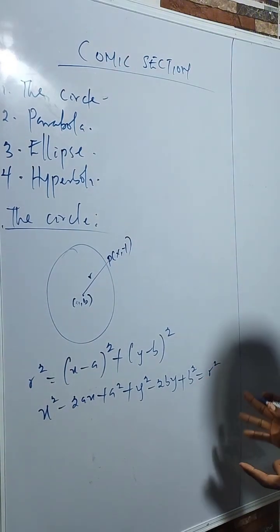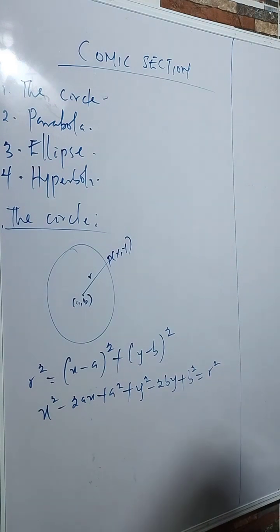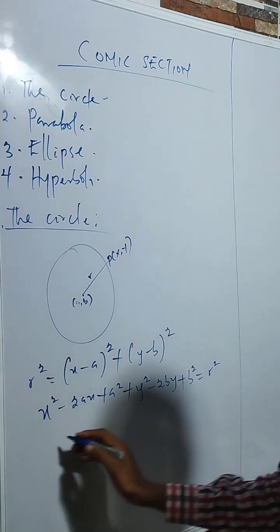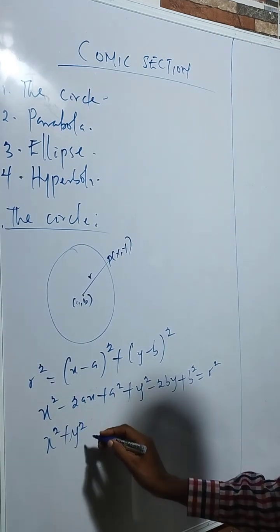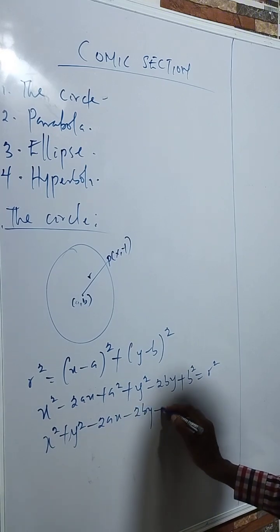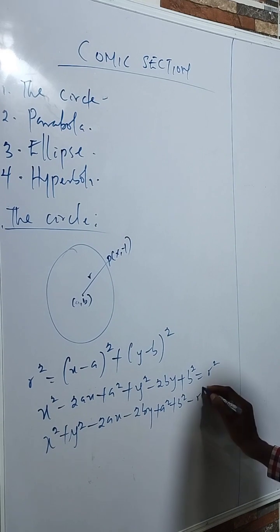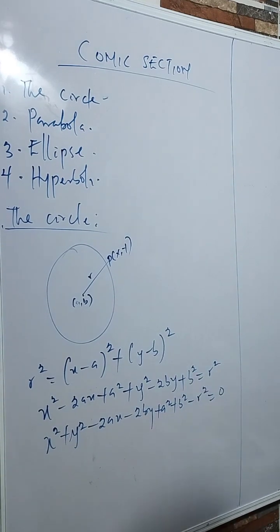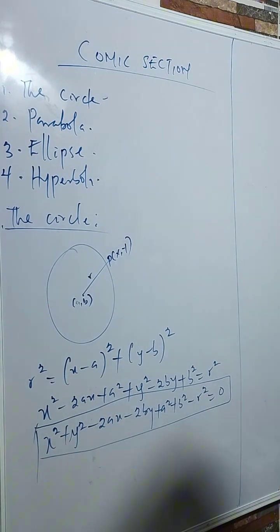Now, resolving this by arranging the terms in their order, we have x squared plus y squared minus 2ax minus 2by plus a squared plus b squared minus r squared equals 0. This equation is what we refer to as the general equation.